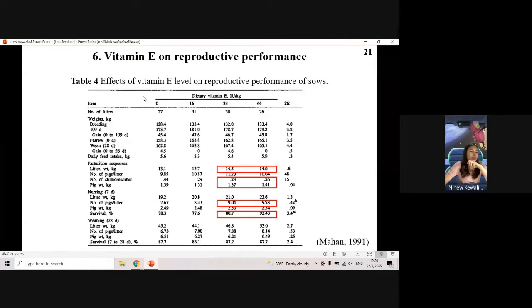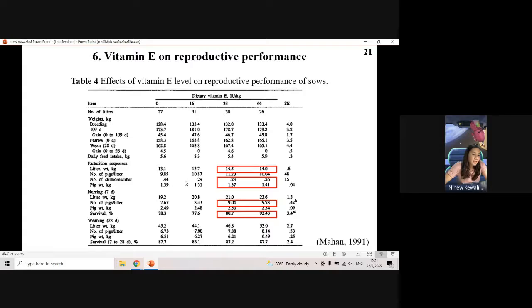And if the structure of the uterus develops well, it will enhance the reproductive performance of the sow.